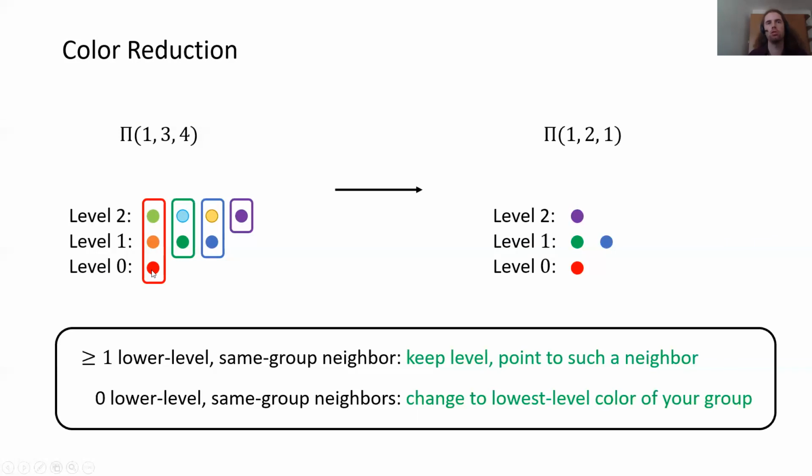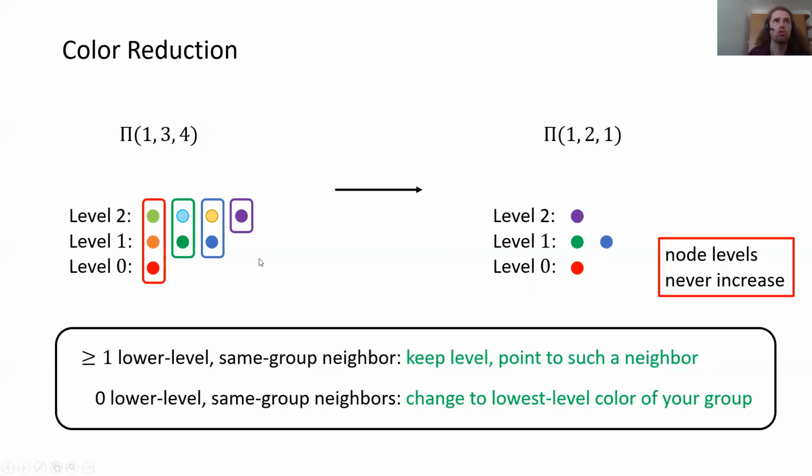And the first simple observation is that if we follow these instructions, then the level of a node can never increase. It can only decrease. And this is already enough to show that our color reduction does what we want. So we get a correct solution to this new problem where we only have the colors left that are the bottom colors of these groups.